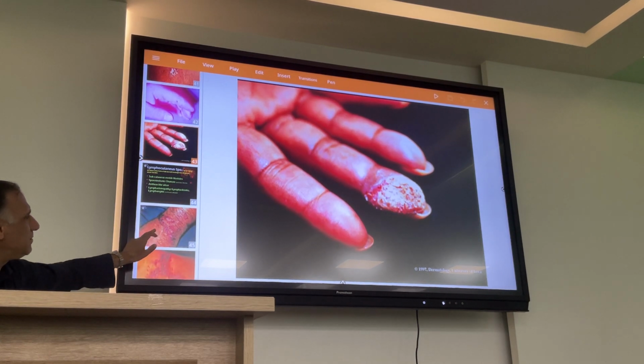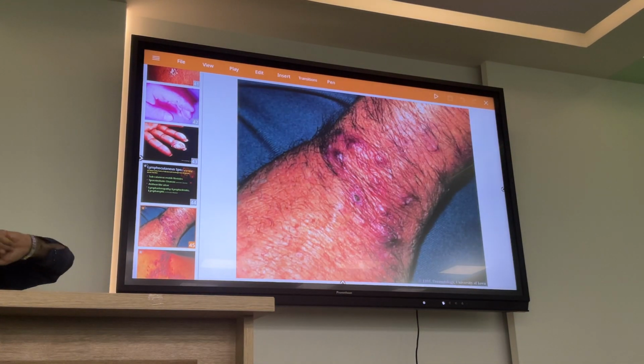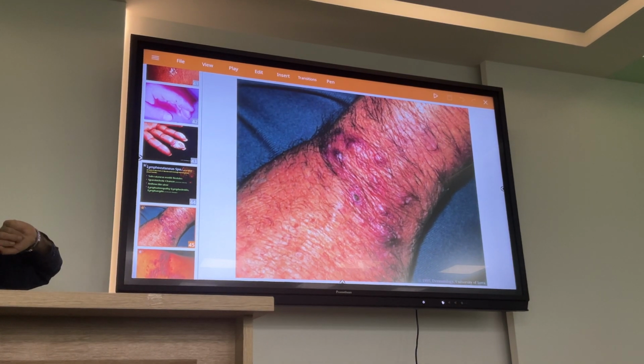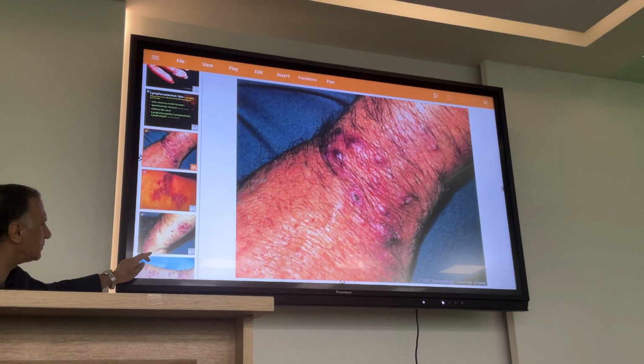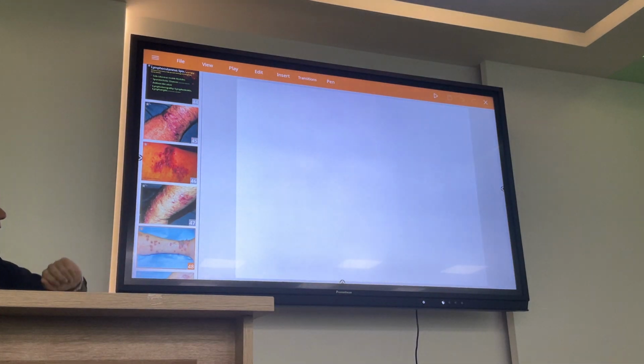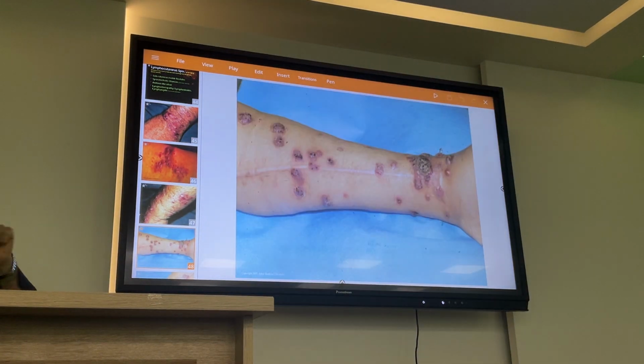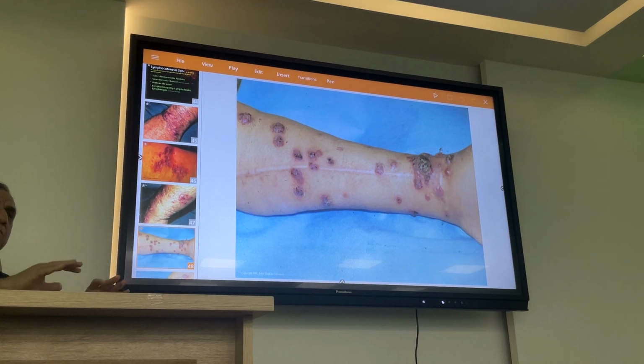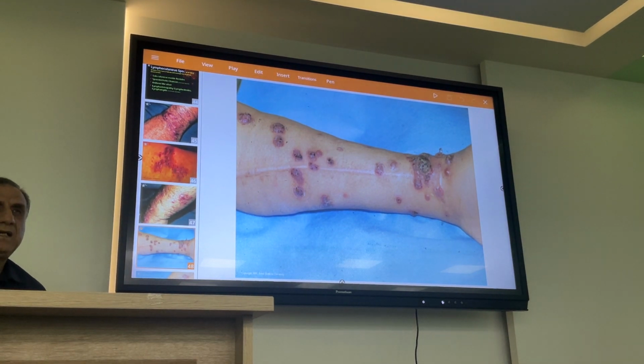Sometimes the fixed cutaneous form has multiple lesions, but in a limited area.